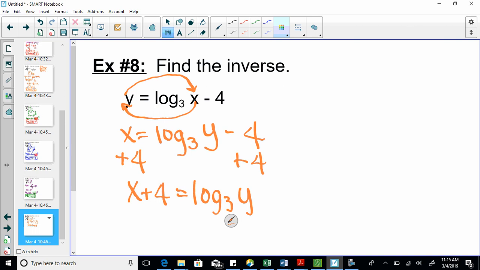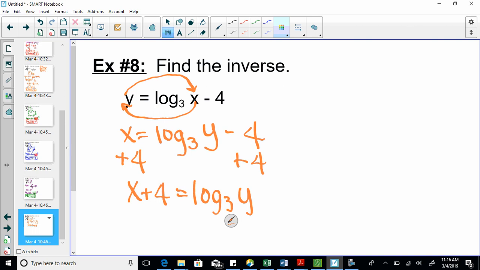Now, just like for the last problem, to get rid of the bases when we have 5 raised to y and 3 raised to y, we have to bring in log of base 3 or 5 for the last problems. This time it's going to be the opposite of that. This time I have log of base 3, so I need to actually raise both sides to that base.